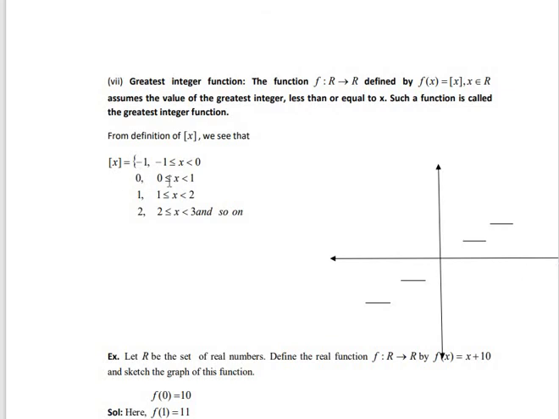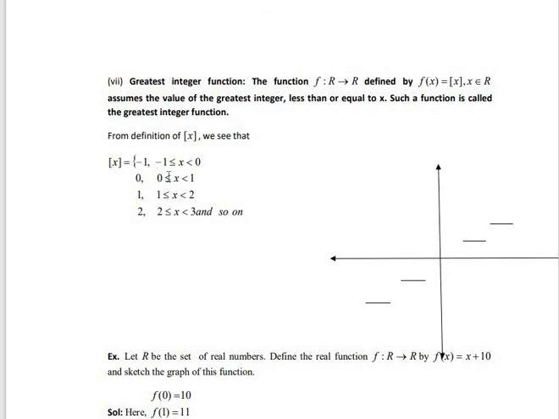For x in between 0 and 1, the value of box x is 0. That means it will lie on the x-axis. Are you clear with my point?